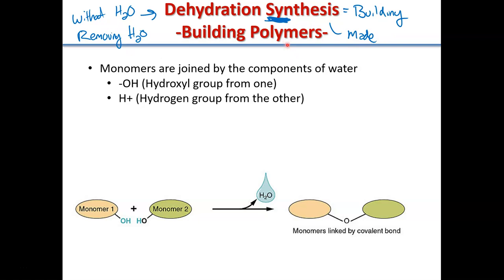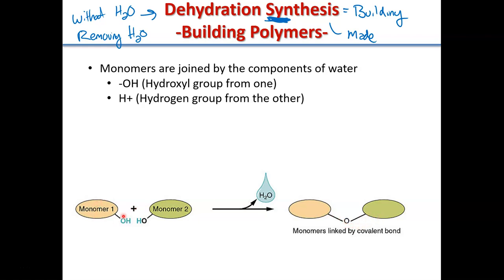So this is how we build our polymers. How do we do that? Our monomers are going to be joined together by the components of water, H2O. We remove the H2O from our monomers. We take an OH group from one monomer and an H from another, which will form H2O, and this helps us make a polymer.